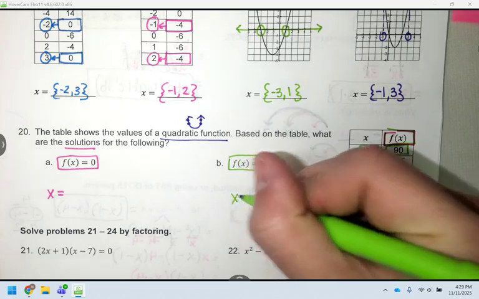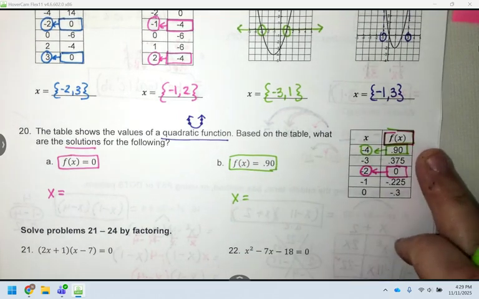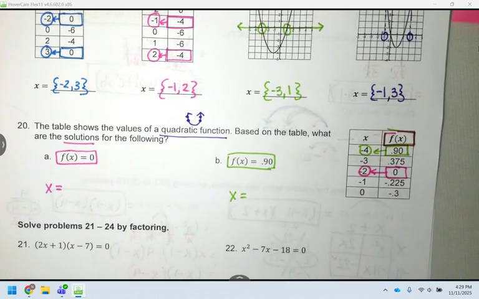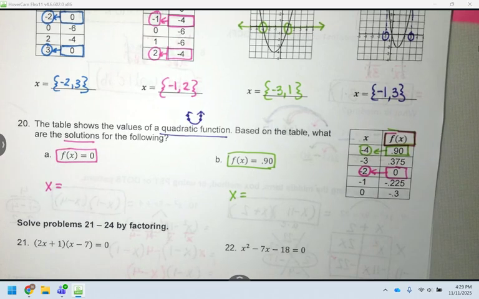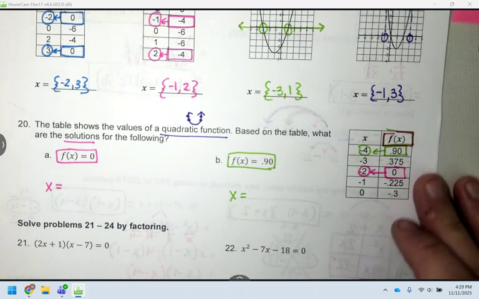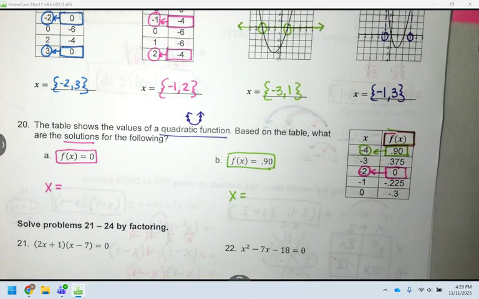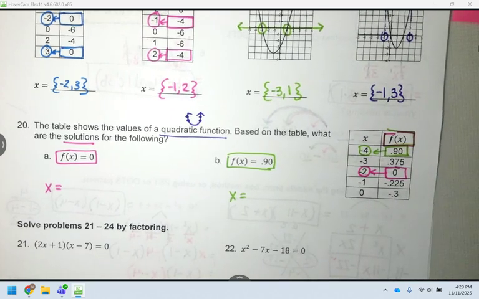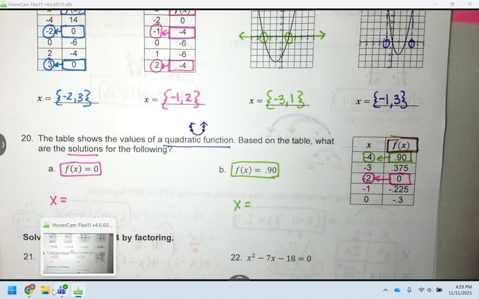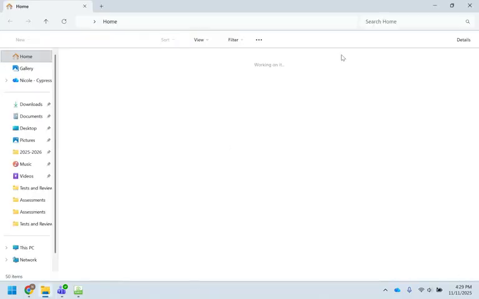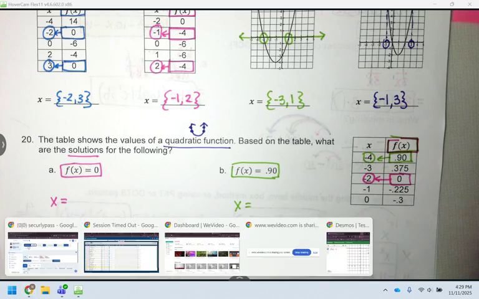One of them is negative 4. But it should have another one, right? Because it has symmetric points. Now, normally they would give you one of the symmetrical points, but it has not happened. And because they're such ugly numbers, you know what I'm going to do? I'm going to be lazy. I'm going to let it do the work for me.